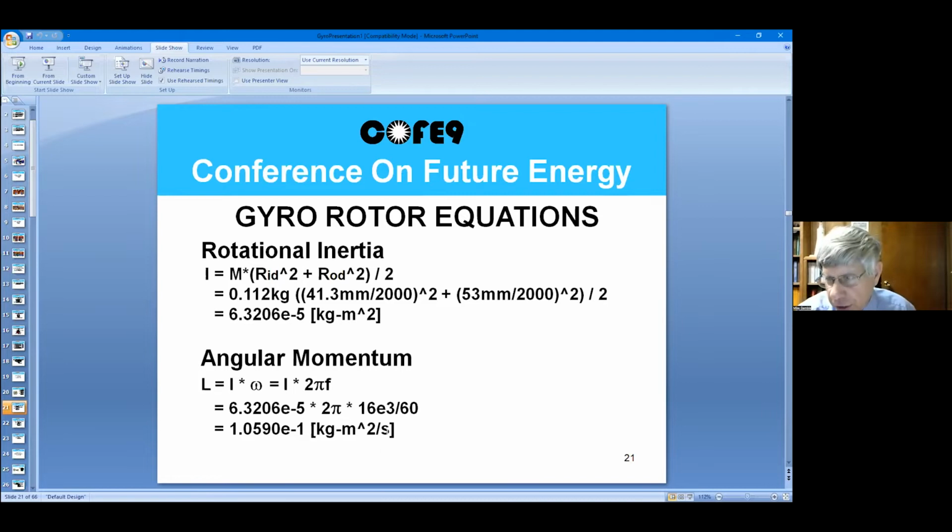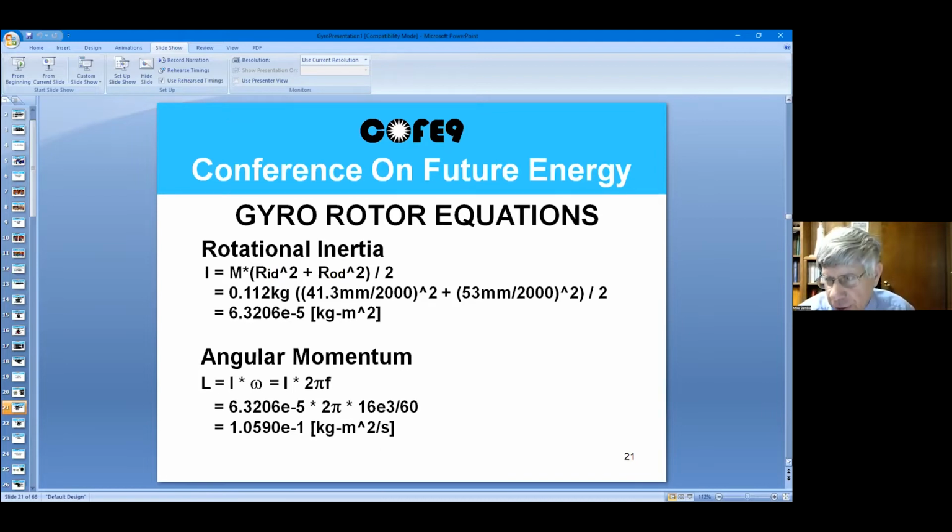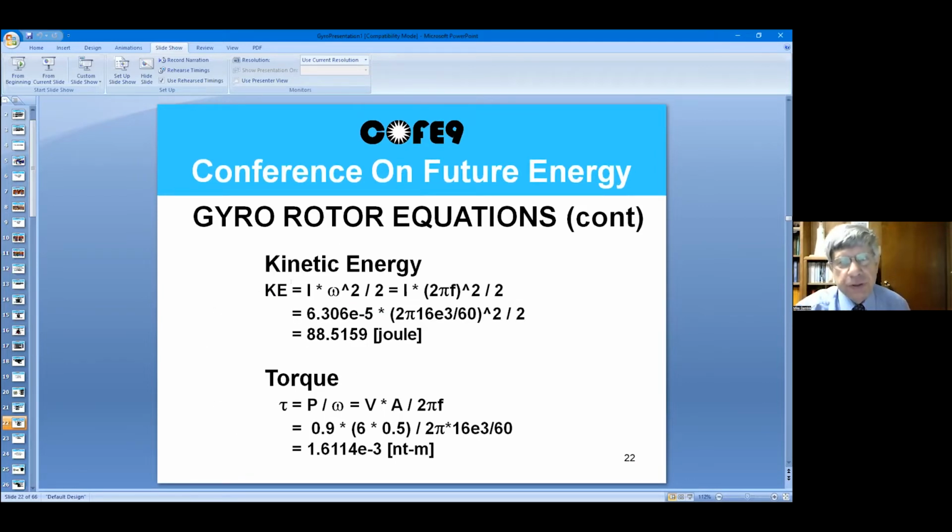And then we move on to kinetic energy, which is I times omega squared divided by 2. So you take your inertia calculation, you square up omega, and you get 88.5159 joules for energy.